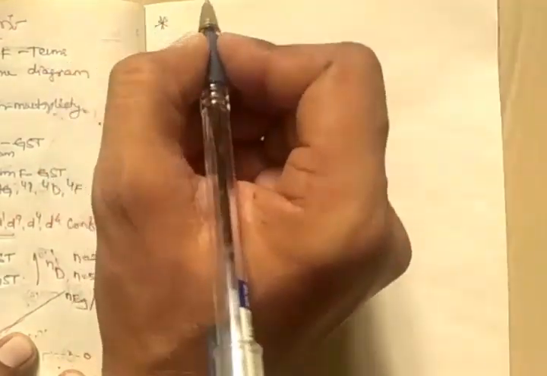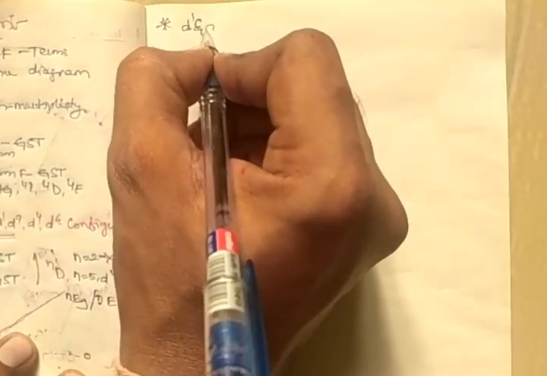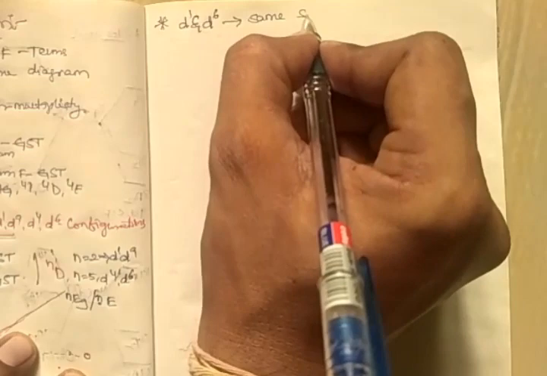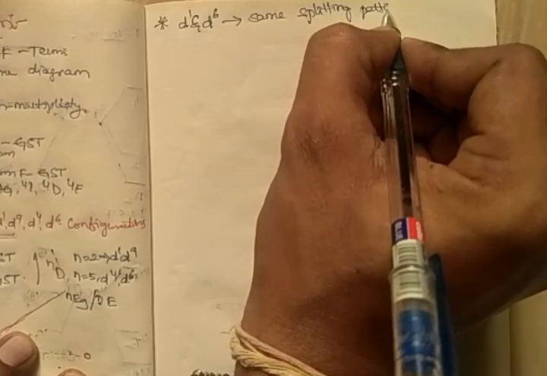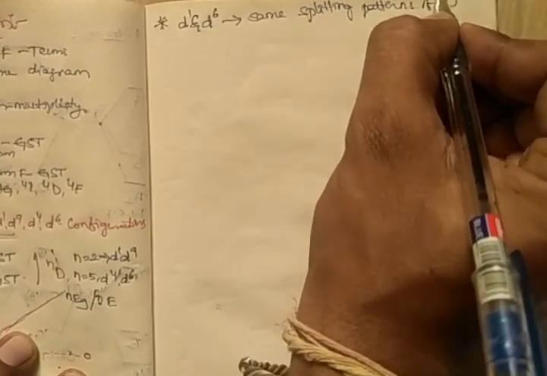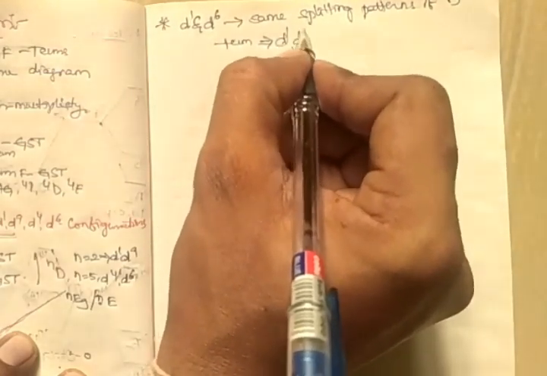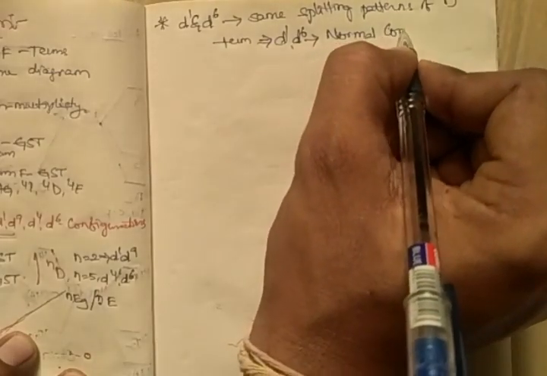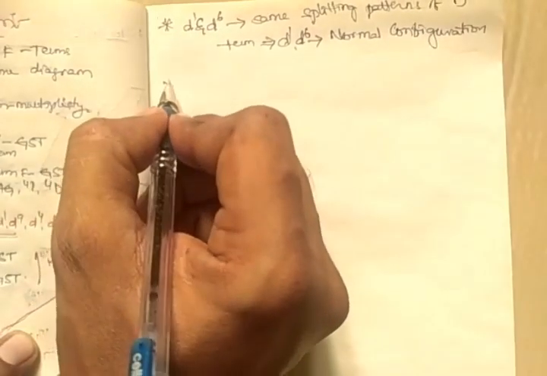Once we observe the splitting patterns, we can see that the D1 configuration and the D6 configuration have the same splitting patterns of the D term. There the D1 and D6 are called normal configurations.